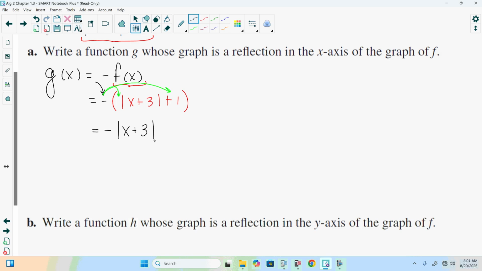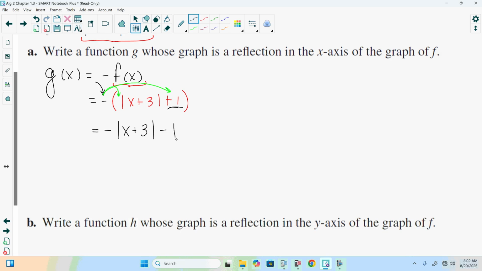So negative 1 really is what we're doing. Negative 1 times our absolute value is just going to be negative absolute value. We also have to multiply it by the positive 1. Negative times a positive is a negative, telling us that we have negative absolute value of x plus 3 minus 1. Questions on this so far?